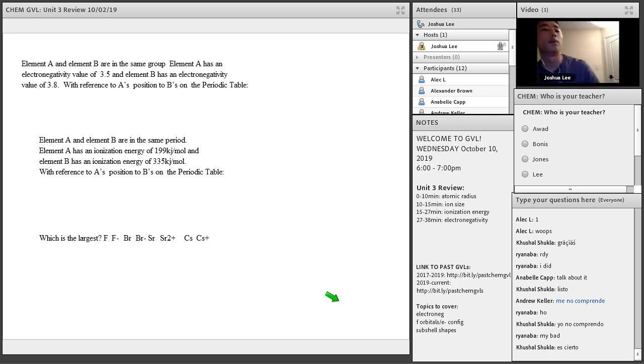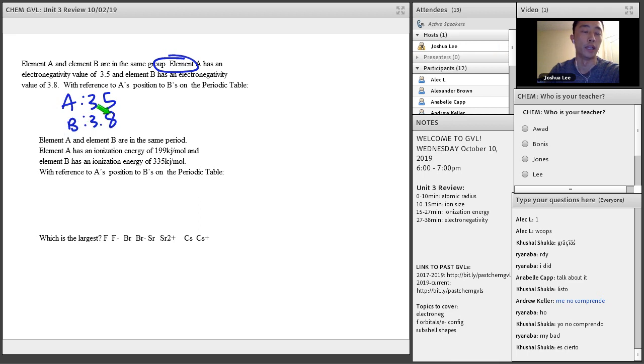So the first one, elements A and B are in the same group. Element A has an electronegativity value of 3.5 and B is 3.8. Remember, for electronegativity, it increases going up and to the right.